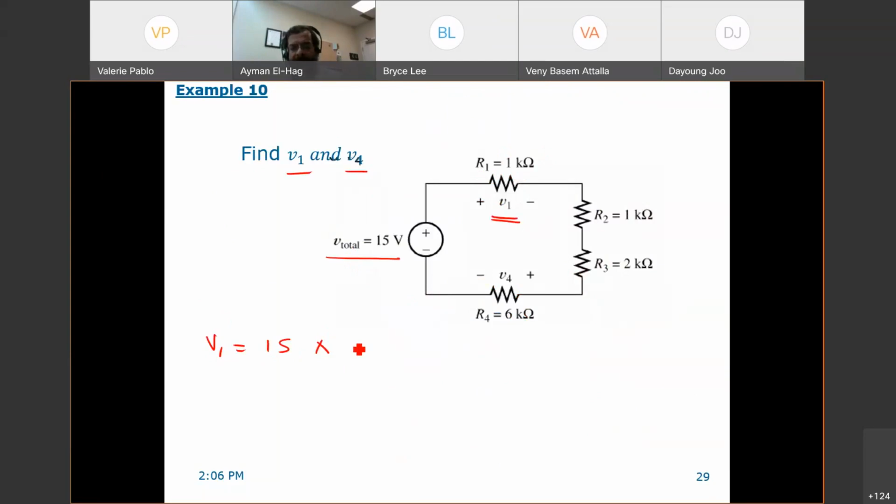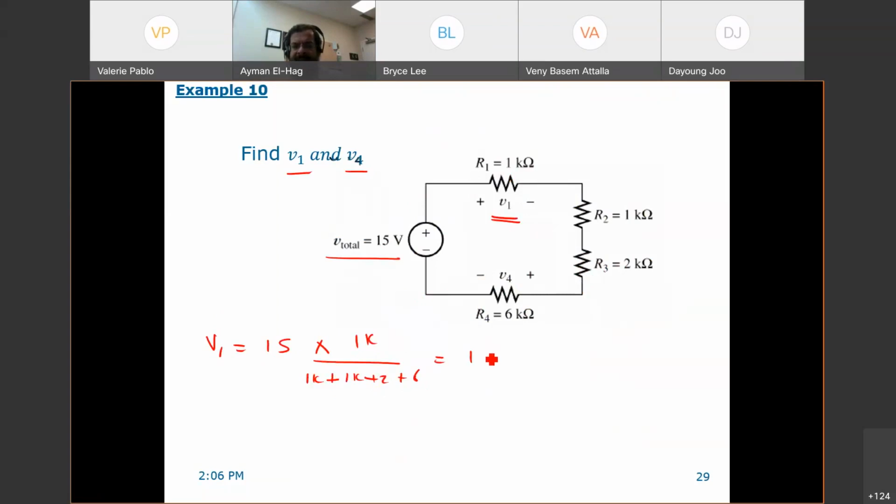So it is 1 kilo divided by the summation of all resistors, 1 kilo plus 1 kilo. Yes, the voltage division only works if the voltage source and the resistors are in series. Otherwise, it doesn't work. Plus 2 kilo plus 6.